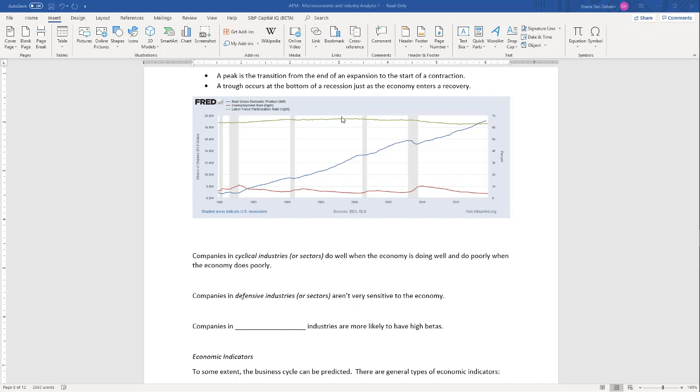What's kind of interesting to me about this graph is this green line here. Looking at the data, which I don't have on here, the labor participation rate peaked in 1998. So right around here, the labor participation rate peaked, and then it started going down again.